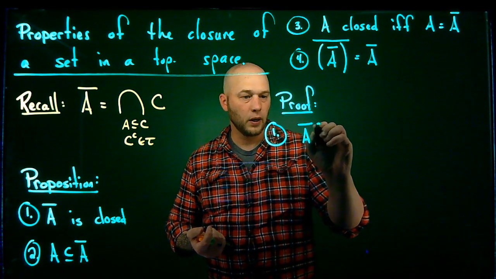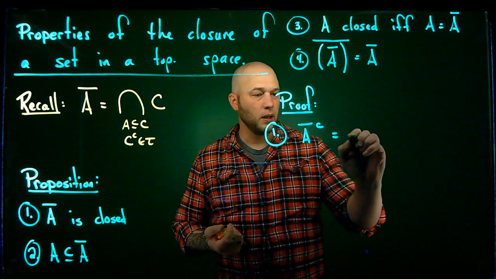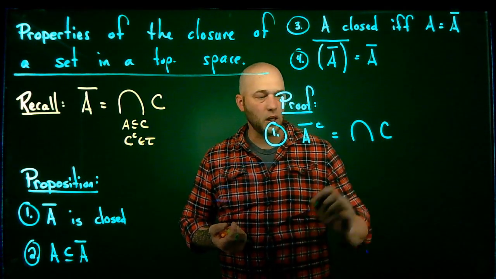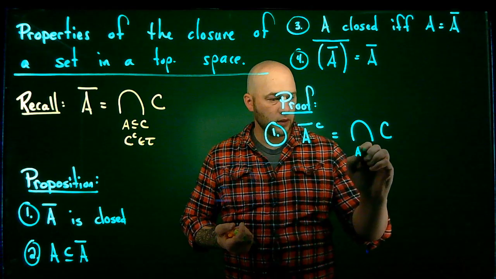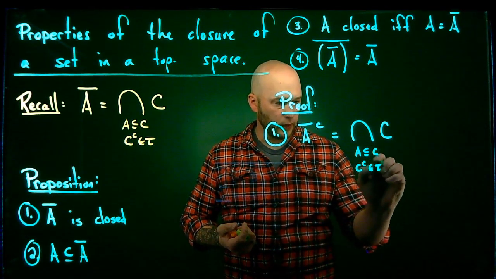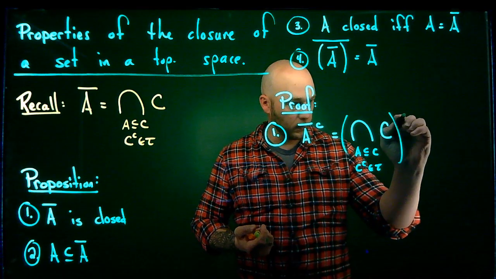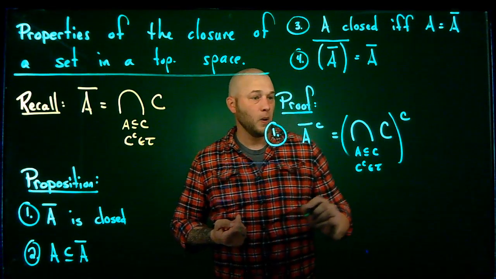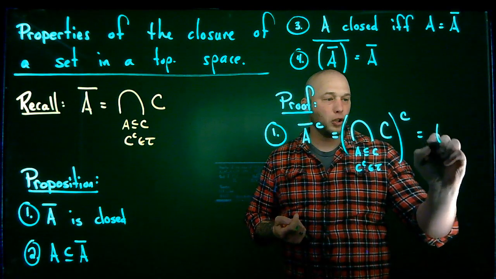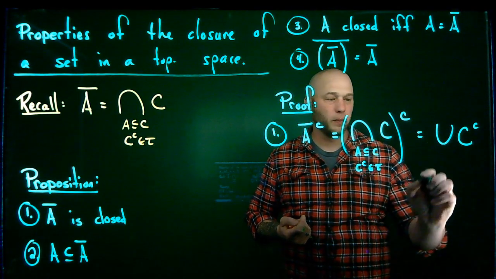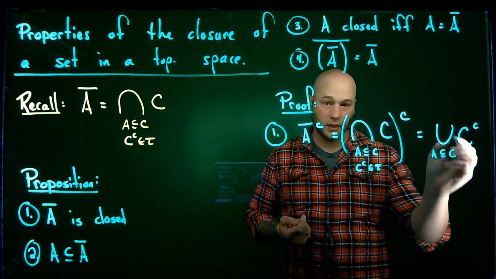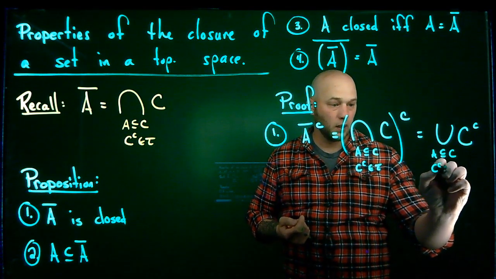A closure complement would be the complement of the intersection of the sets C, where A is contained in C, and the complement of C is open. The complement of an intersection is the union of the complements, again for the same collection of C, where C contains A and the complement is open.